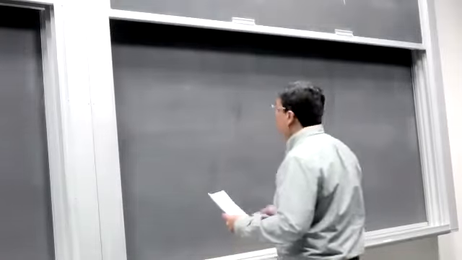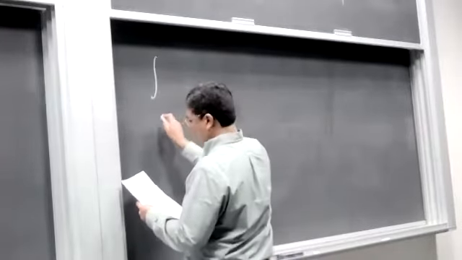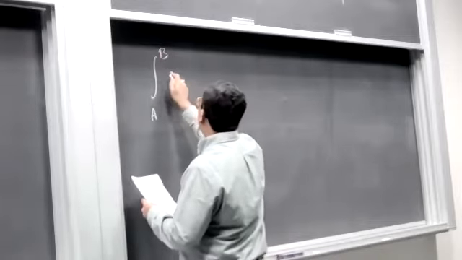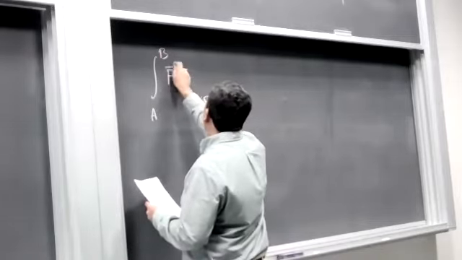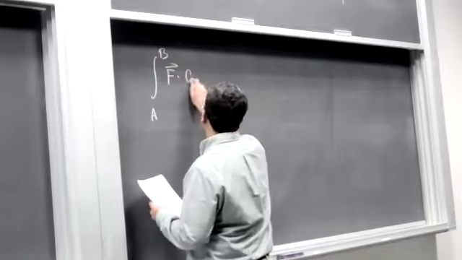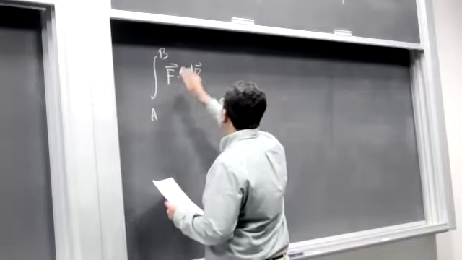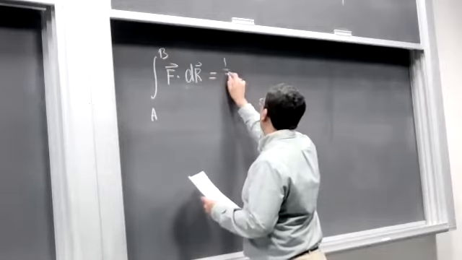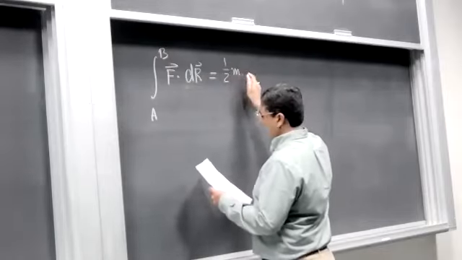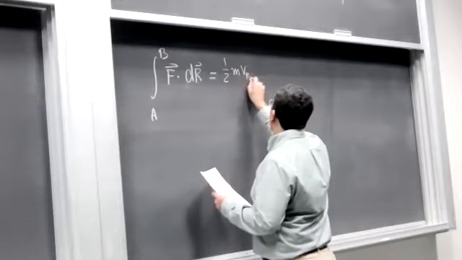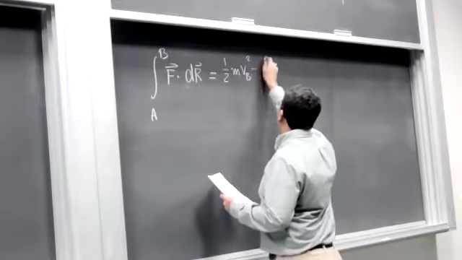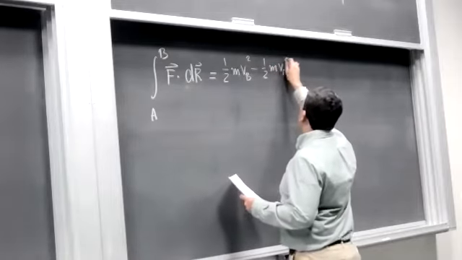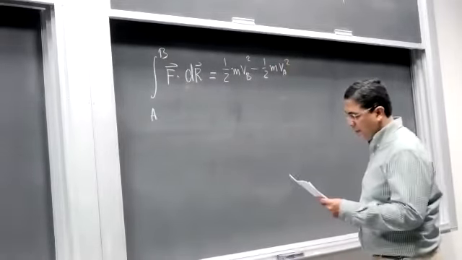Okay, so let's use the work energy theorem. Go from point A to B, and you have an external force F dot dr along the path, and that equals half m VB squared minus half m VA squared. Right? That's the work energy theorem.